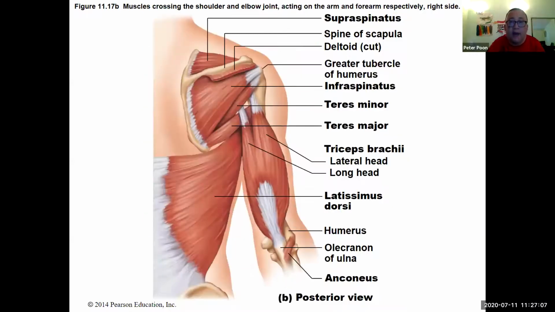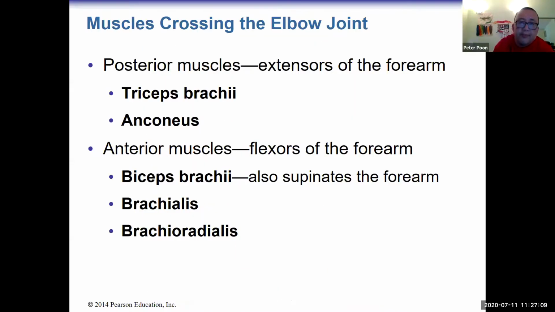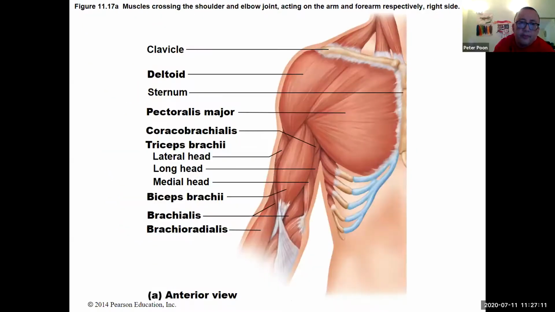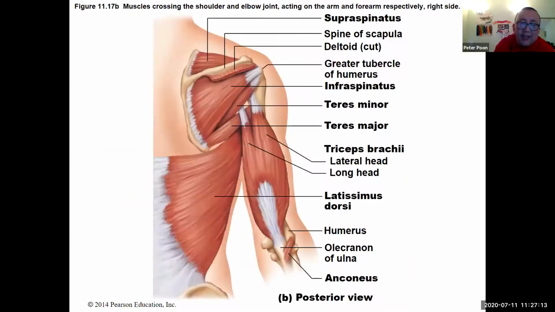On the back side, you have this muscle right here, the latissimus dorsi. And here you can see the rotator cuff muscles even better. Supraspinatus, infraspinatus, teres minor.